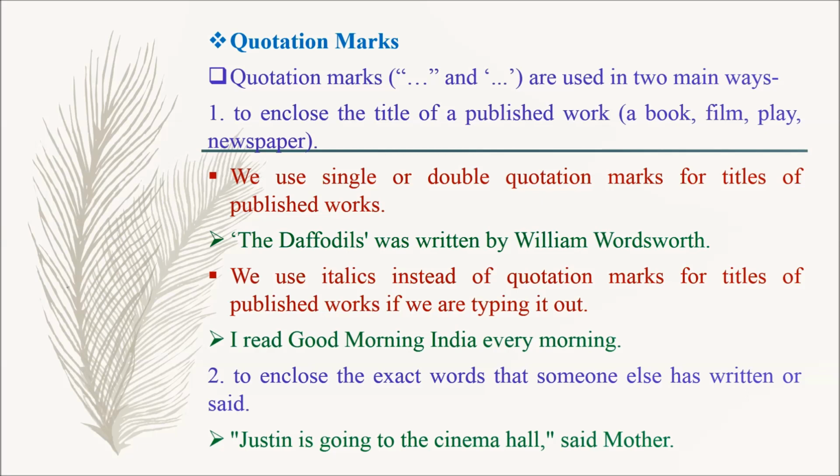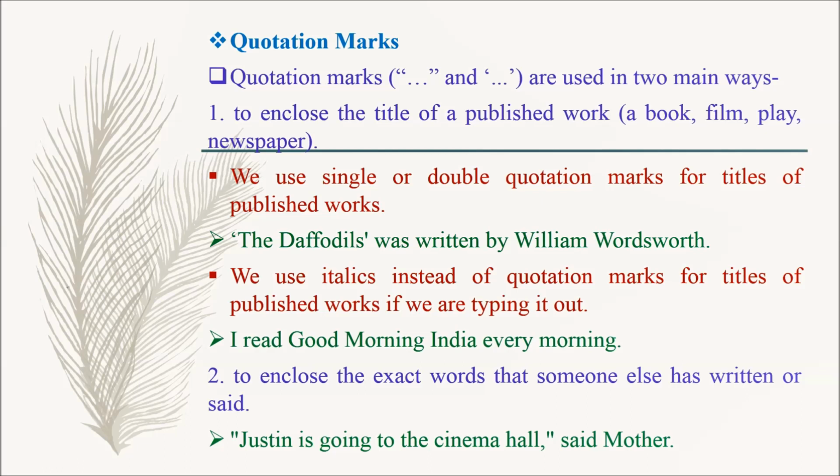First, let's see the usage. The first usage is to enclose the title of a published work like a book, film, play, newspaper, etc. We use single or double quotation marks for titles of published works. Example sentences.